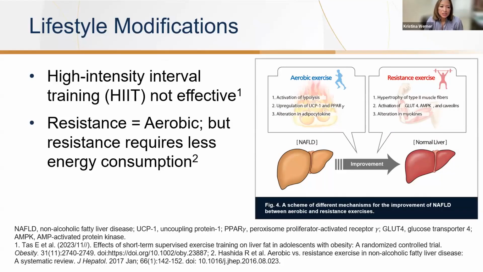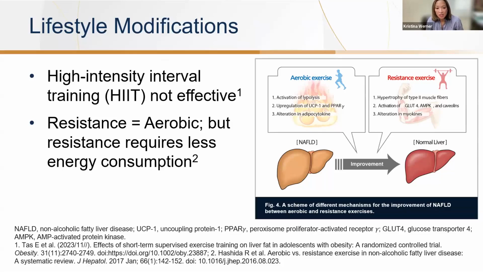So for exercise, usually we target greater than 150 minutes per week of moderate intensity aerobic activity, sometimes brisk walking or maybe cycling or swimming. Resistance training, about 2 to 3 sessions a week, is equally effective as aerobic for reducing hepatic fat, and it builds lean muscle and improves insulin sensitivity.